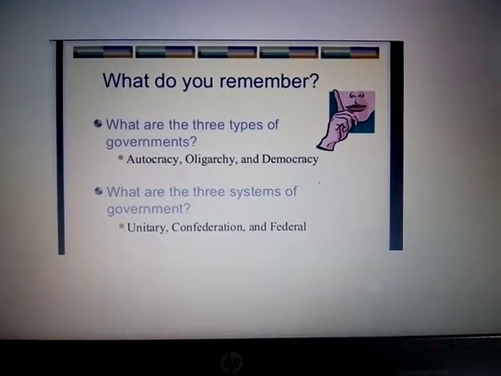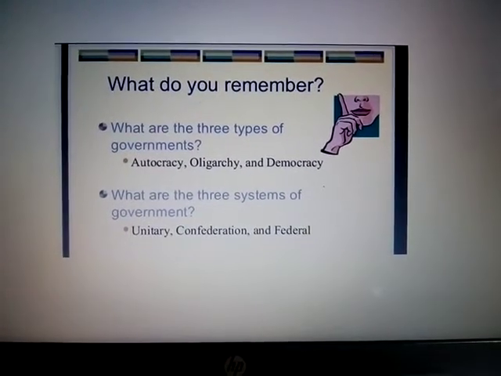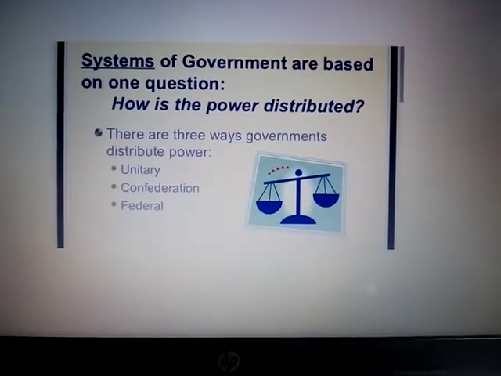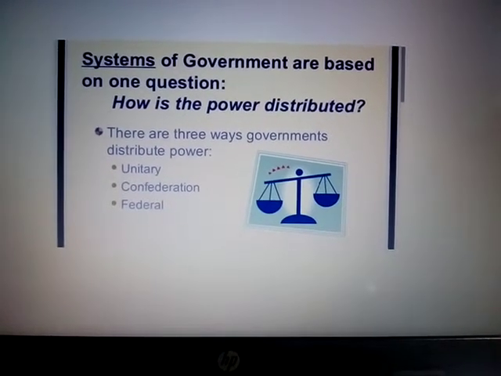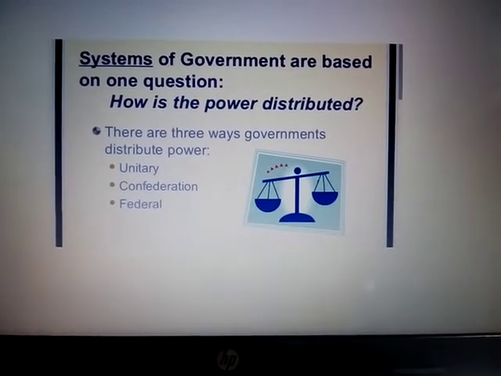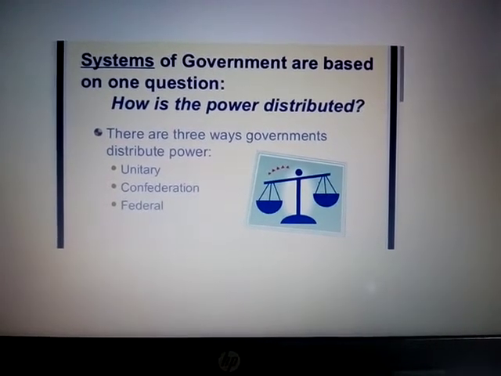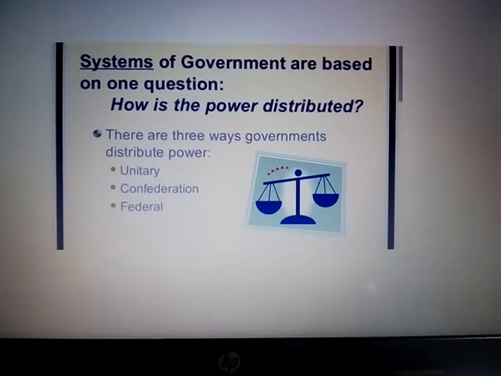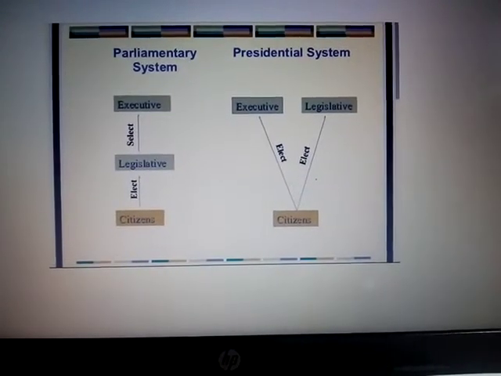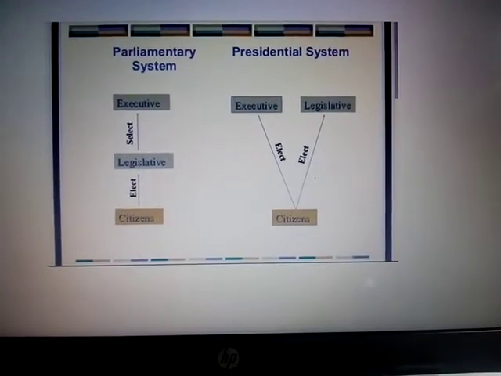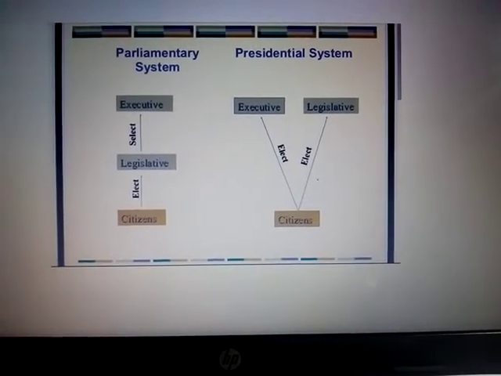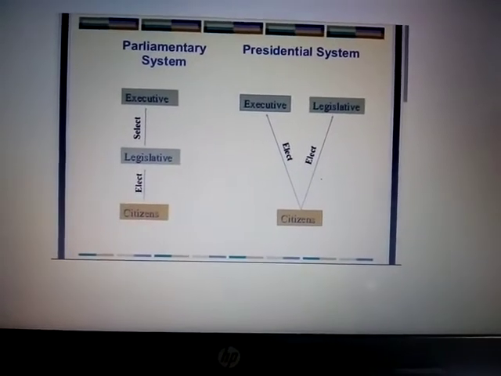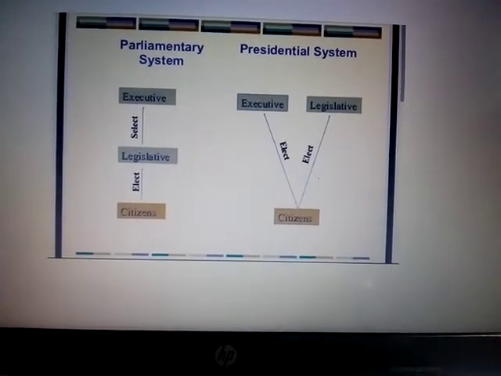Then we find types of governments, systems of government, some examples. There are three ways of governments: the way they distribute power. Then these two figures to clarify the models, their model or their distribution of decision making power.